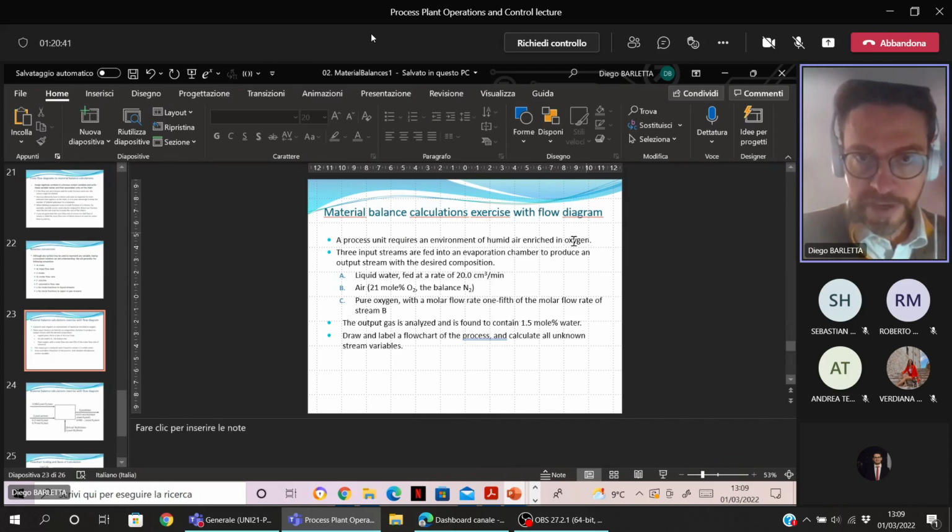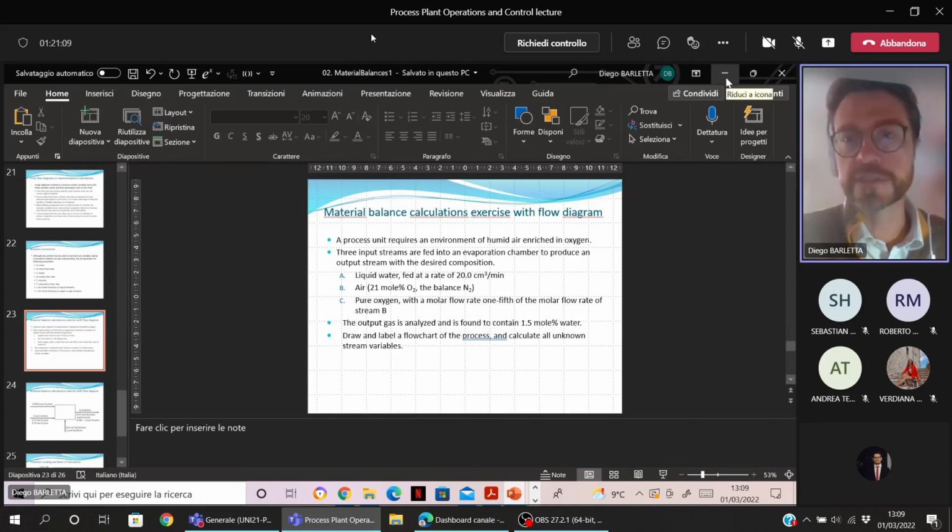Then we have air, then we have oxygen. Let's put them in a different order, but of course it's not important. Let's put the air first, for which we have information. Let's start with liquid water.